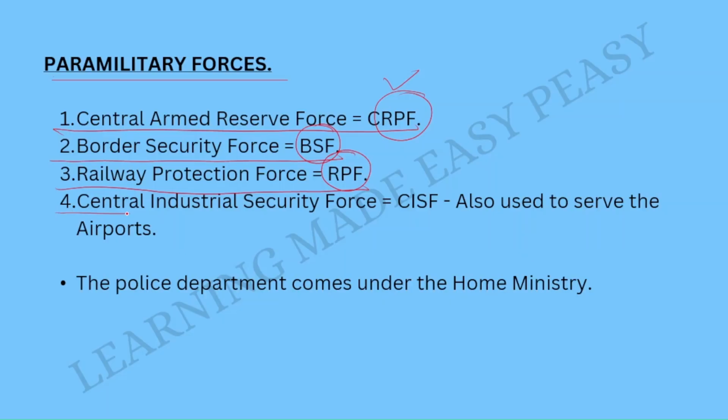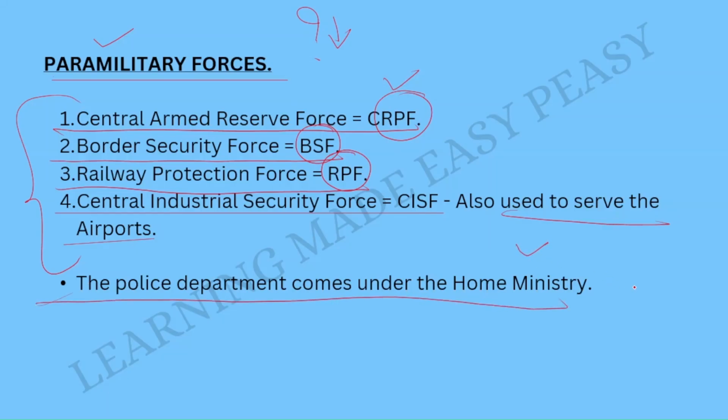And finally, fourth is CISF, Central Industrial Security Force, which is also used to serve the airports. Remember all these four are called paramilitary forces. What do you mean by paramilitary force? Please comment below. The police department comes under the Home Ministry. This is also important. It is to be remembered.